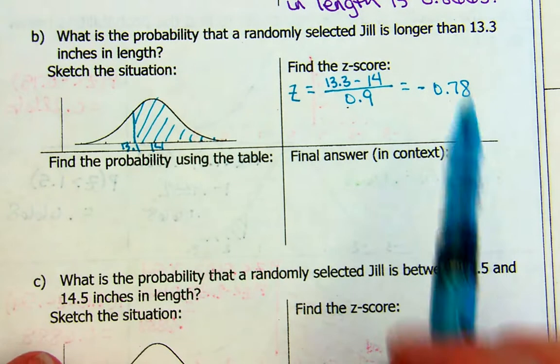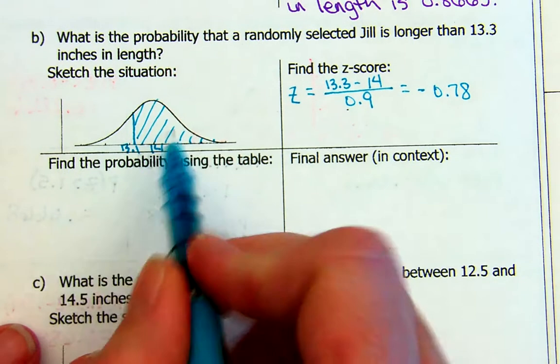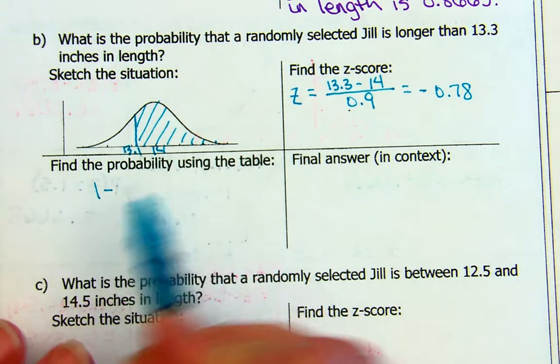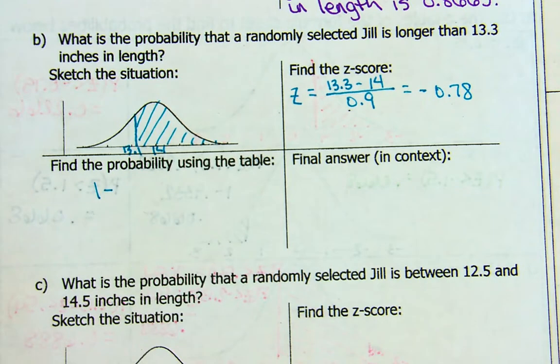Then we want to look this up on the table. And since it's shaded to the right, we're going to do 1 minus whatever we find on the table. So negative 0.78 would be 0.2177.